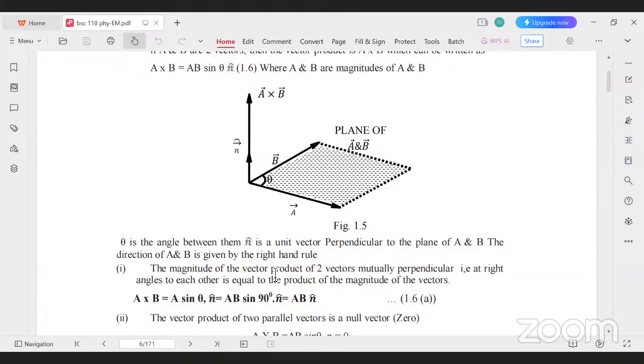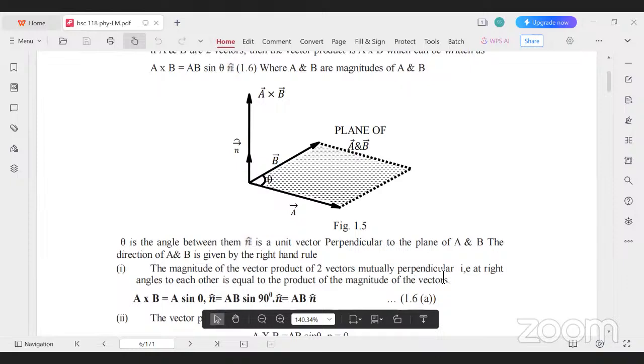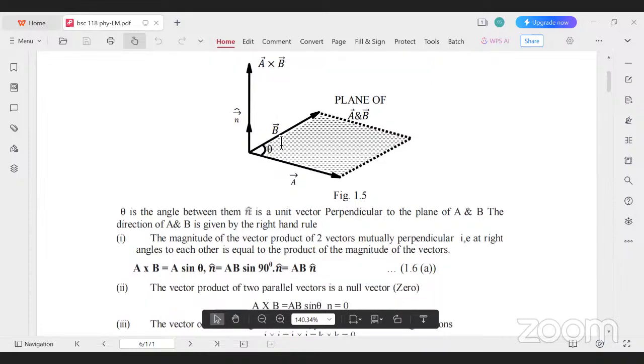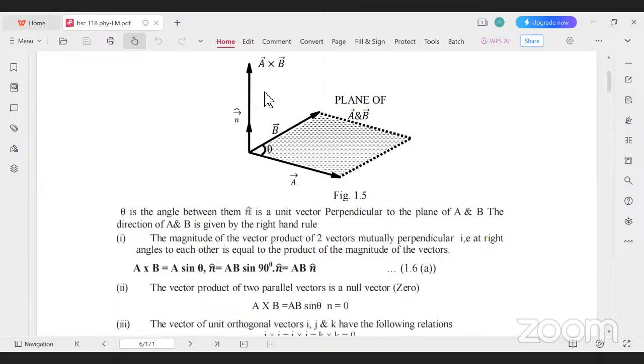The magnitude of the vector product of two mutually perpendicular vectors, that is at a right angle to each other, is equal to the product of the magnitudes of the vectors. So I am just calculating this area. If I am done with this area, I can find it for this area also, and this area also.